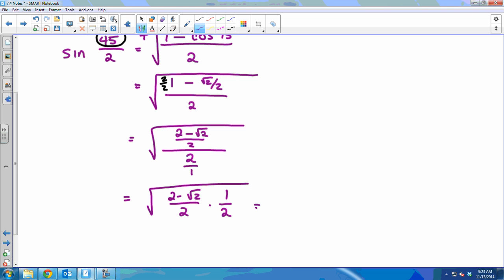Okay. Everyone, any questions before I move on? Everyone's with me here. All right, so we're going to multiply. So I have 1 times 2 minus the square root of 2, so that's just 2 minus the square root of 2 over 4.